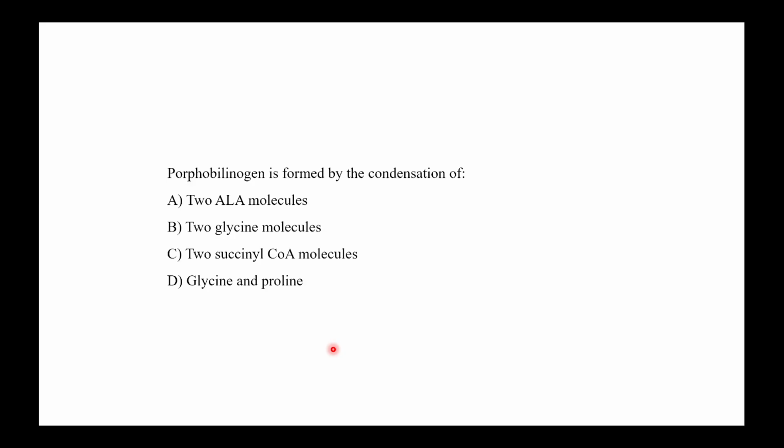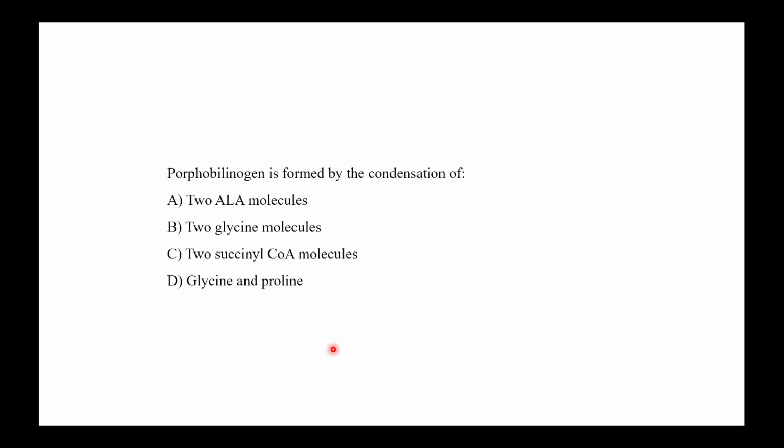Moving to the next question now. Porphobilinogen is formed by the condensation of option A, two ALA molecules, that is delta amino levulinic acid.